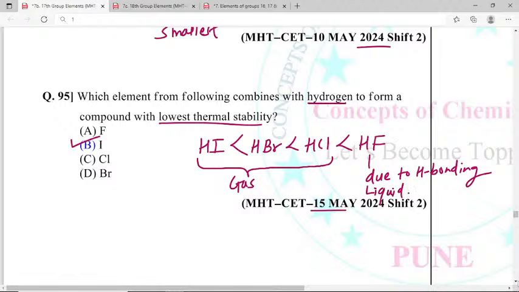HF is liquid and these are gases. So if the question asks for the lowest, lowest is HI, hydroiodic acid. And if the question asks for the highest thermal stability, HF is the answer, so fluorine is your answer. These are gases due to absent hydrogen bonding.